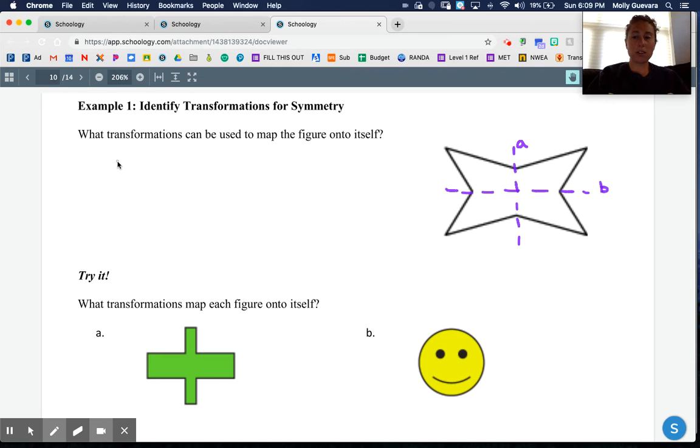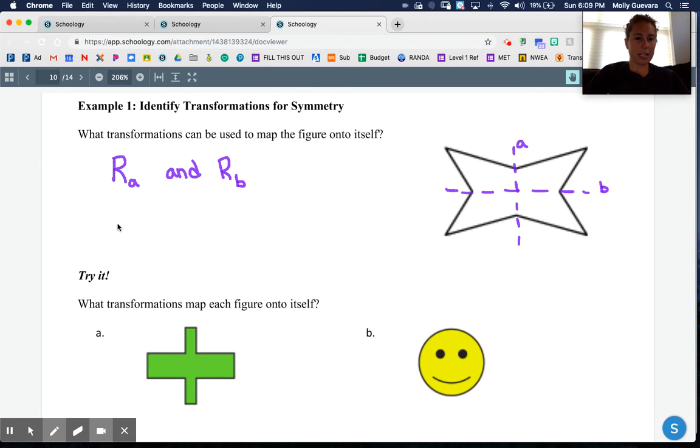So because they're lines of reflection, we use a capital R. So we can say that we can reflect over line A, and we can reflect over line B. So those are two types of symmetry. I also have rotational symmetry, right? If I turn this 180, it will line back up on itself.